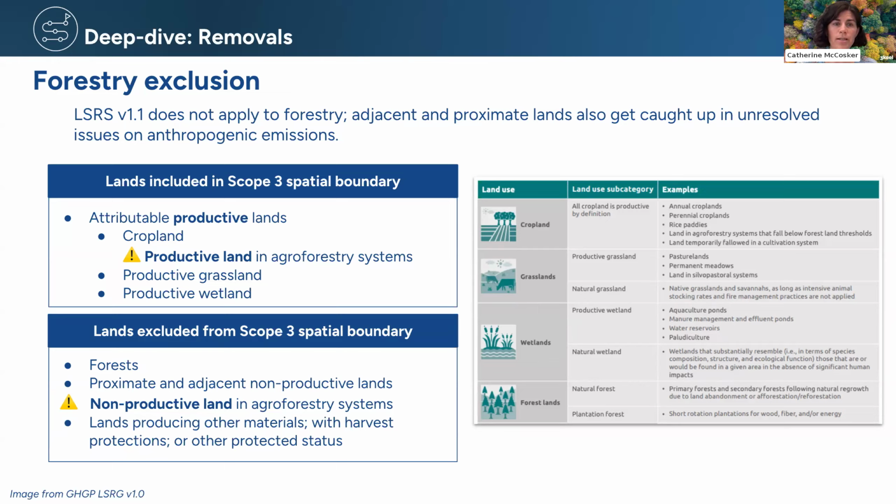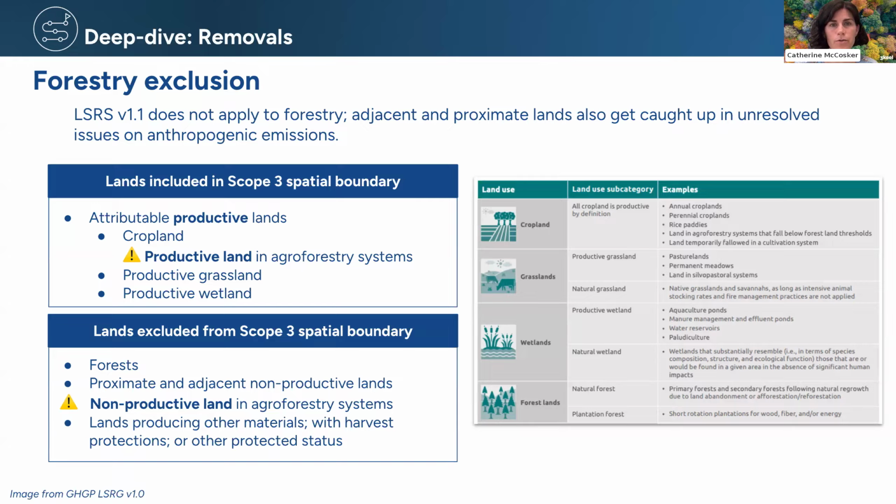The biggest one is the idea of proximate and adjacent non-productive lands, which will be things like small woodlands, small wetlands, but also hedgerows, buffer strips, the things you might want to see in a resilient, larger land management unit. It was unclear on the topic of agroforestry systems.